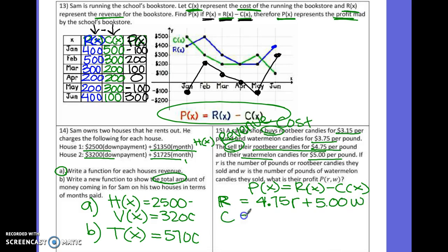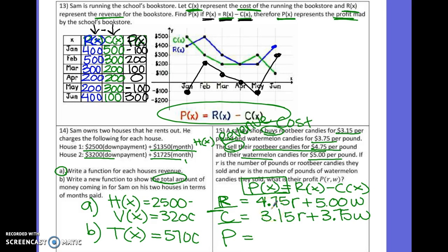Then the cost of those candies, how much they had to pay to even have them in their store. So the root beer ones cost that much, where the watermelon ones cost $3.75 per pound. So now what we want to do with this is we want to take R and subtract C, because that will give us the profit. So P is, profit is, I'm going to subtract.